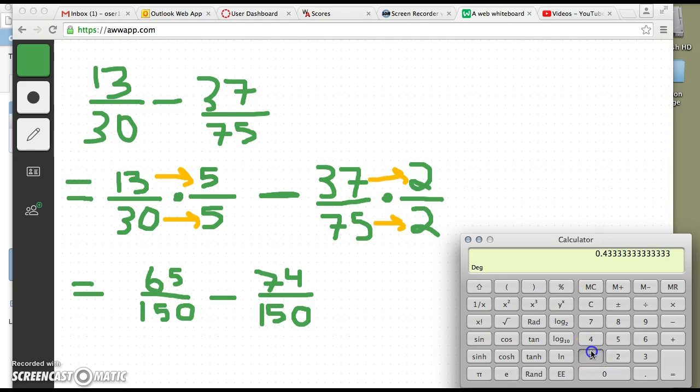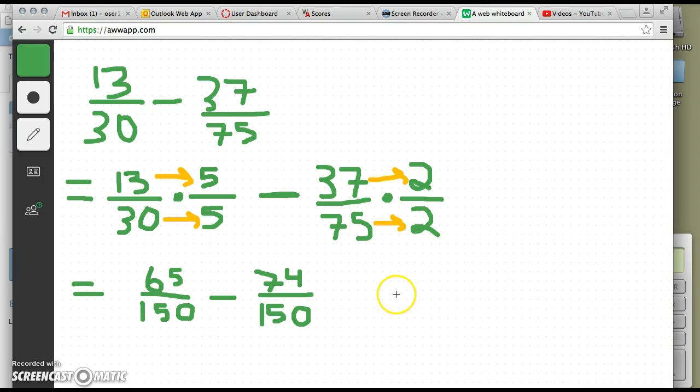Oh boy. 13 divided by 30 equals... excuse me, I typed something in wrong the first time. So 13 over 30 is 0.433, which is the same thing we got when we did 65 over 150. All right, I apologize for that.